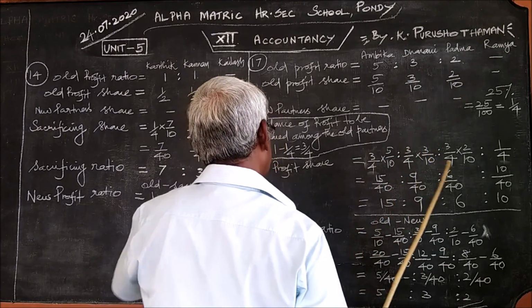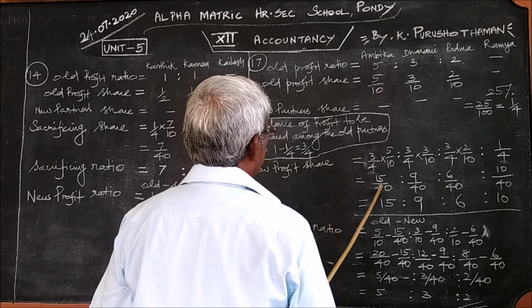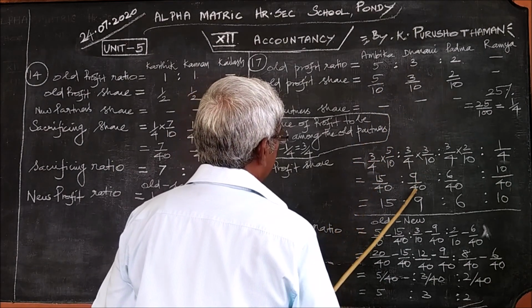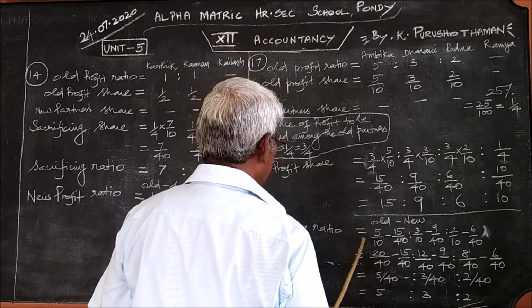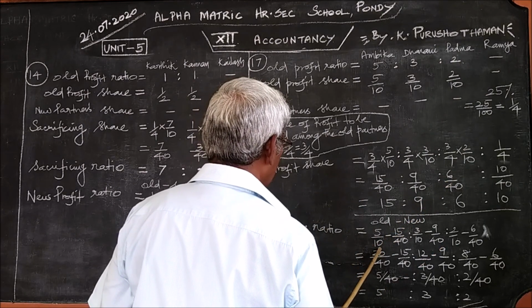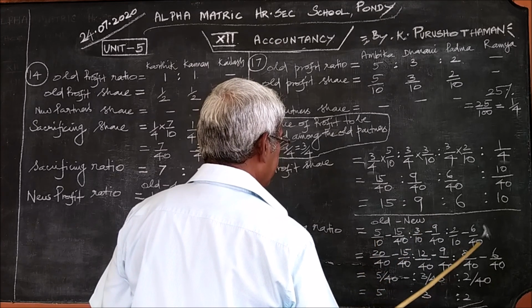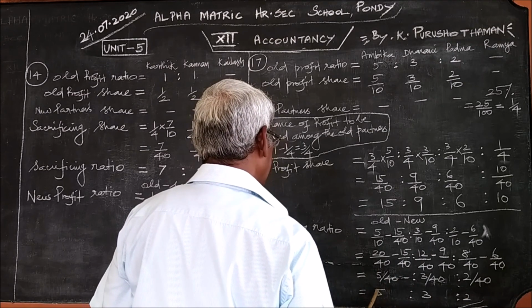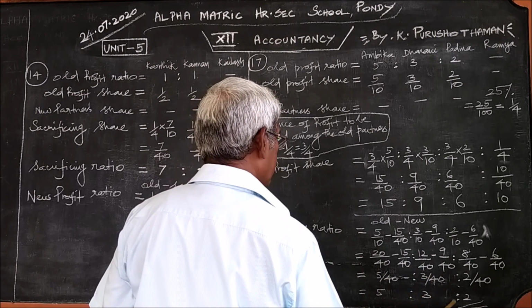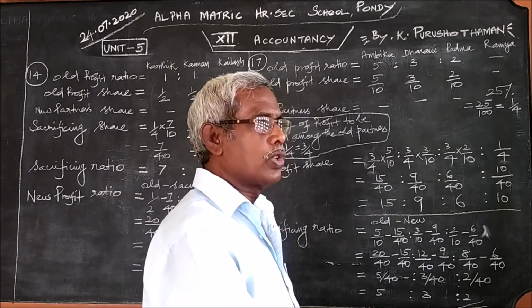Only old partners are sacrificing, and therefore for old partners, you multiply this by 4 times 40 to convert this. The same thing here, the same thing here. All the denominators are equal. We can write the numerator 5 is to 3 is to 2. With this, this type of problem is over now.